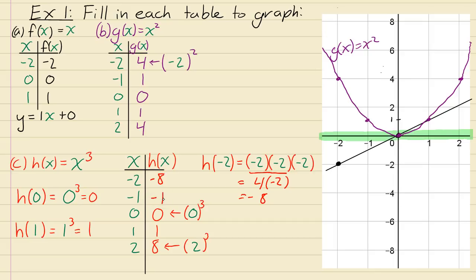So that gives us negative 1, negative 1, and negative 2, negative 8 is over here. 0, 0 is actually a point on all of these graphs. We got 1, 1 in common, and 2, 8 is up here. So the cubic function is a lot steeper than either the basic linear function or the basic quadratic function.